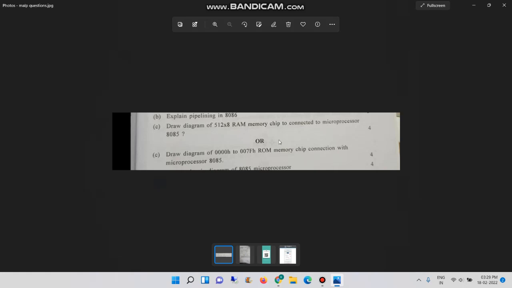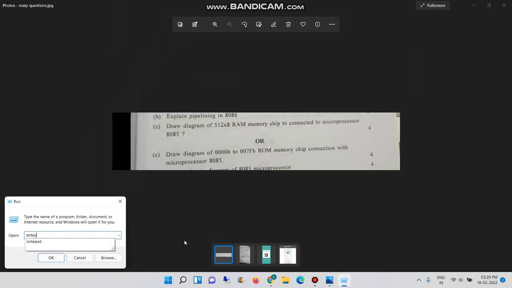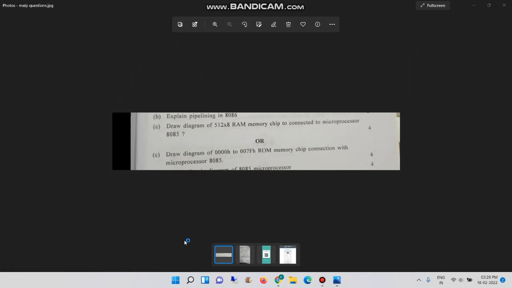In the first question, it says to draw a diagram of 512 into 8 RAM. Let me open the notepad.